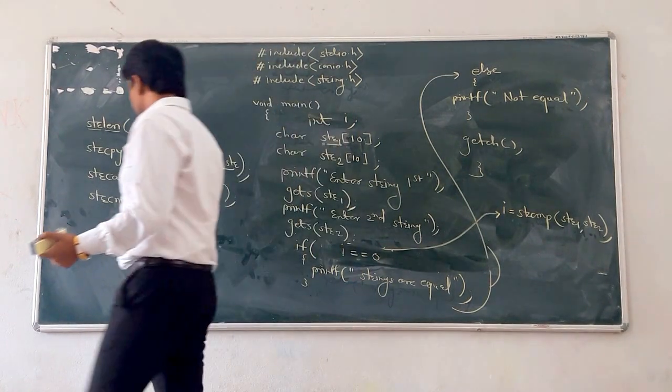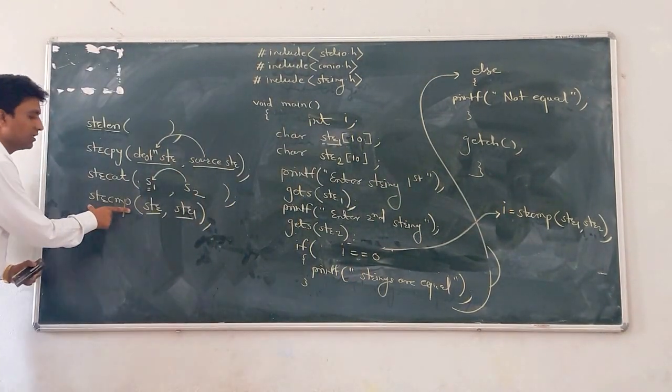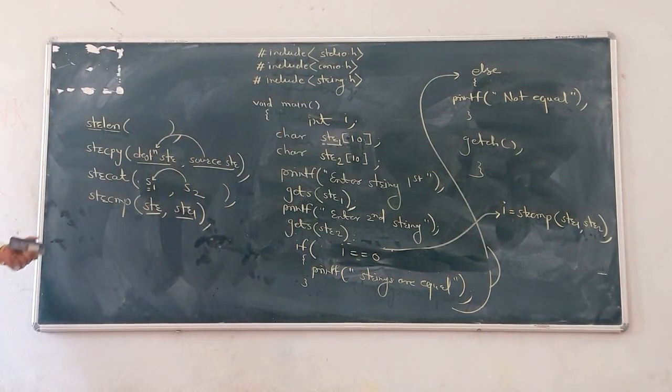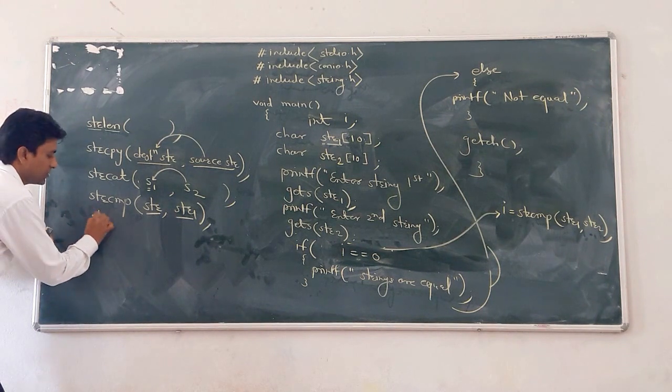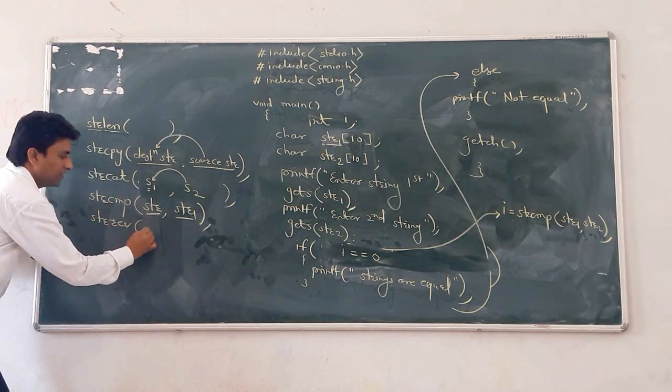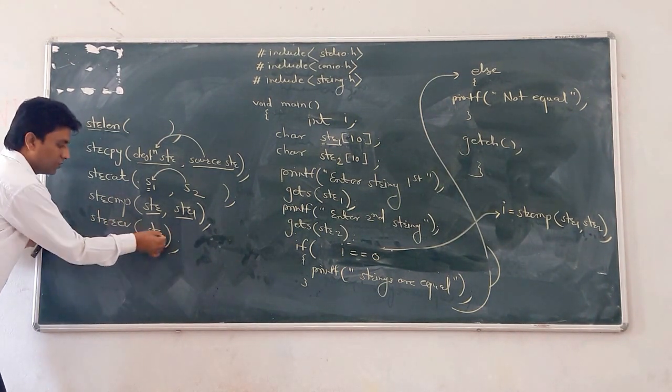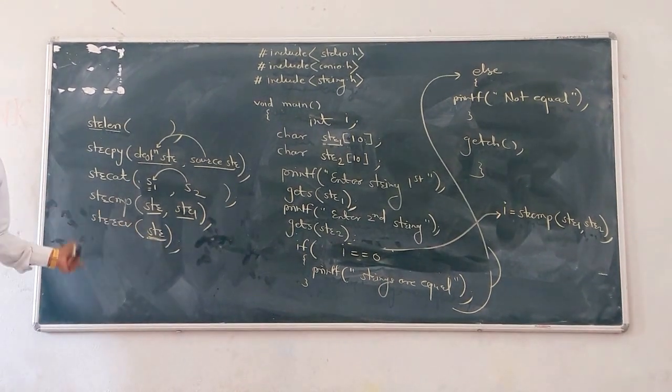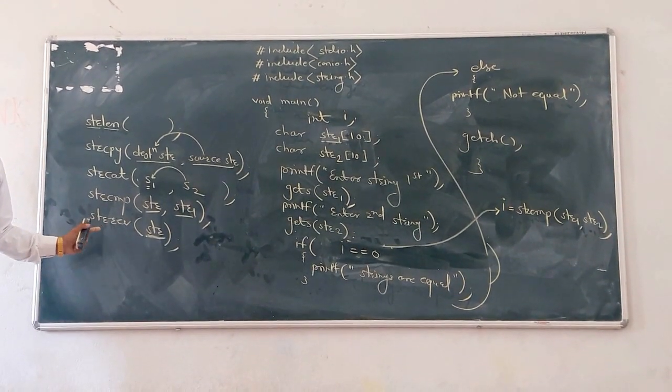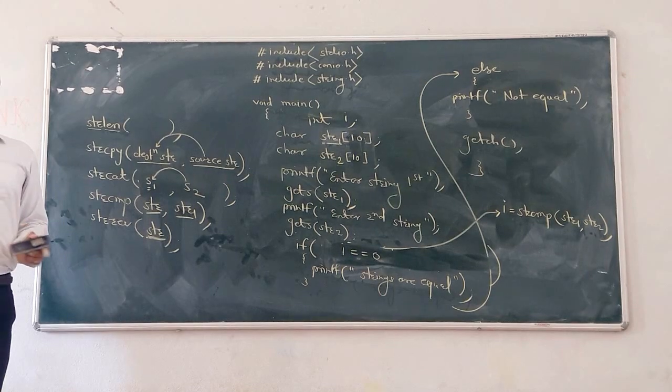For that which function is available, string compare. Clear? So string length, string copy, string concat, string compare. There is one more function remaining, string reverse. We pass a string and it reverses the string. Okay, what it returns, the reversed string.